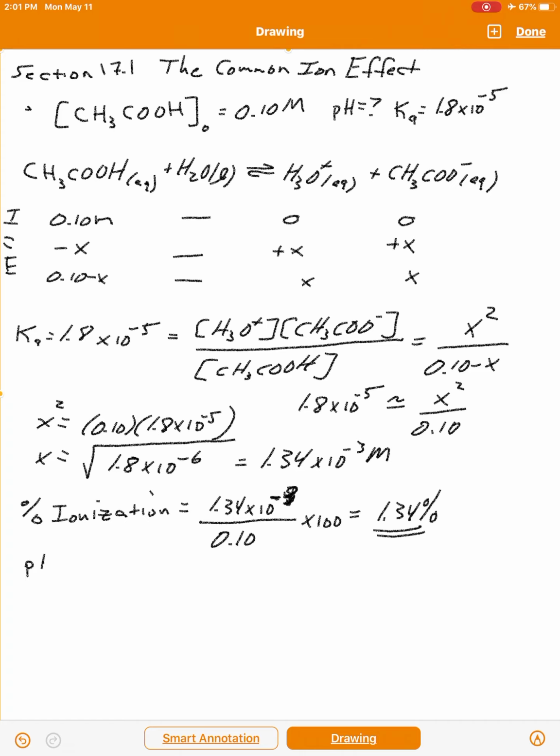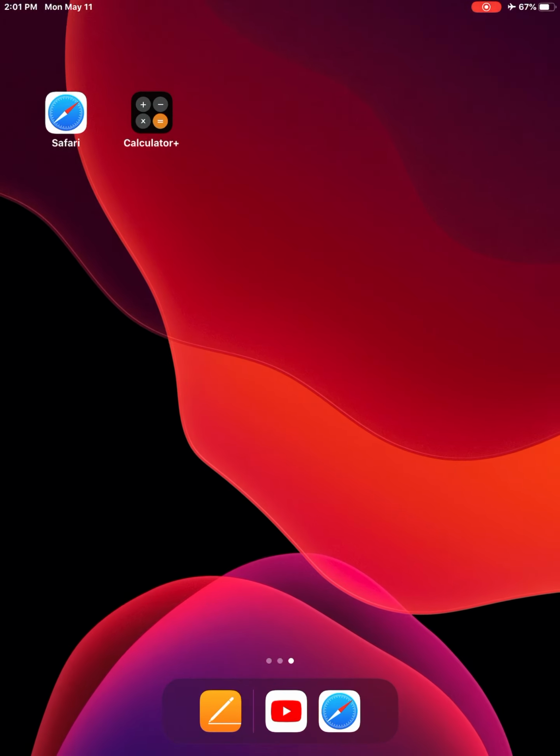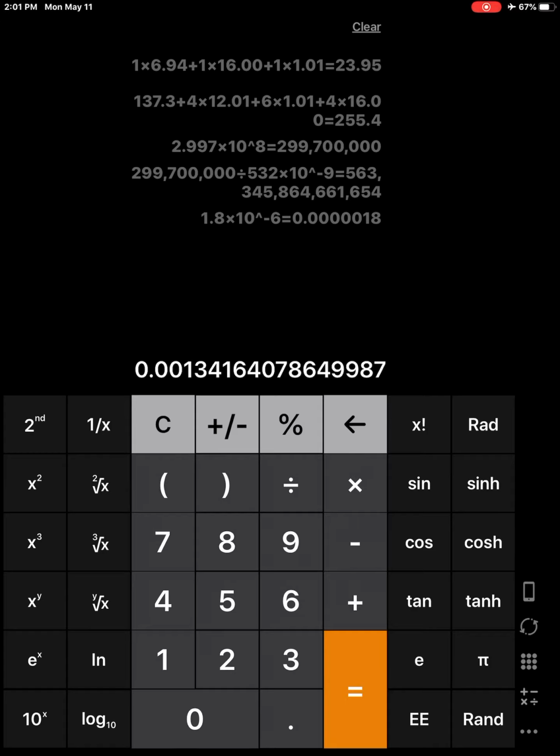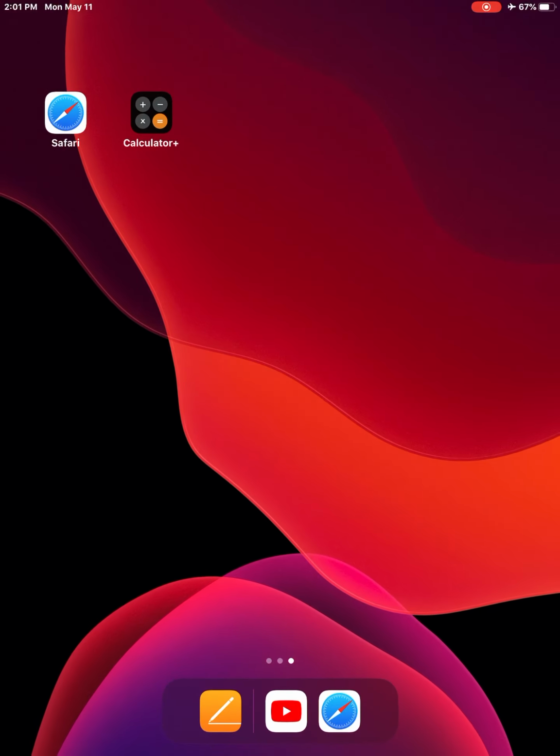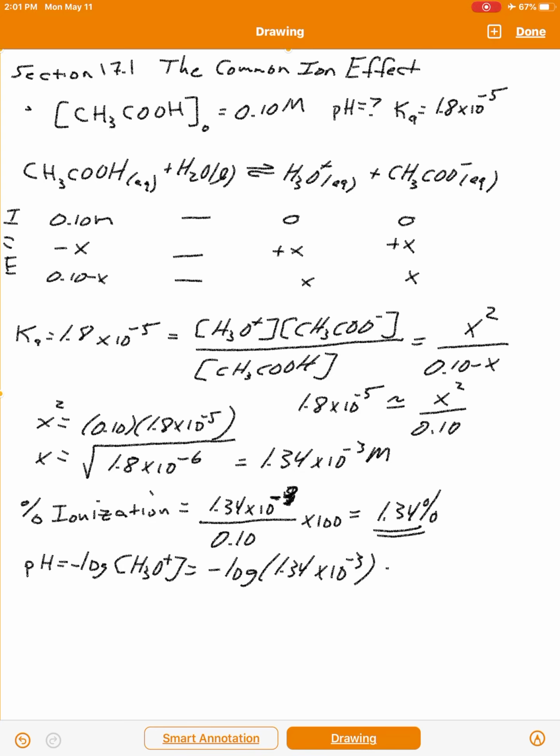If we wanted to calculate the pH, it would be the negative log of the hydronium concentration, so the negative log of 1.34 times 10 to the minus 3. That's somewhere between 2 and 3, right? We already have that value, so let's just take the log of it and change the sign. 2.87. Nothing new here.